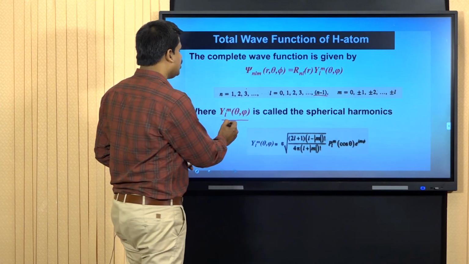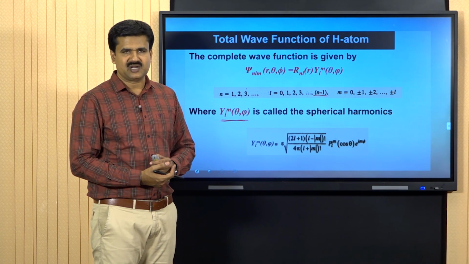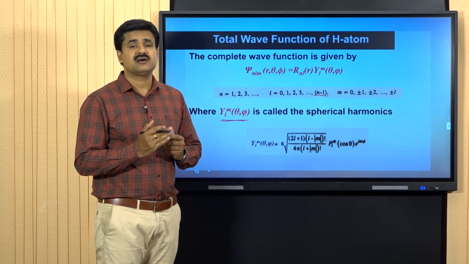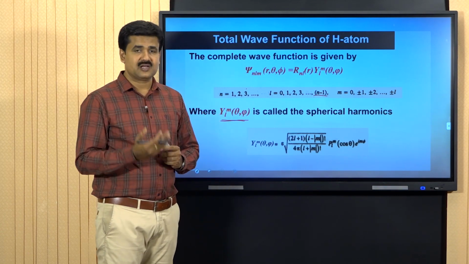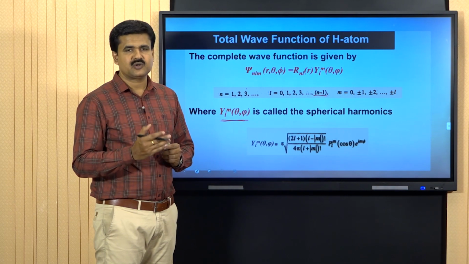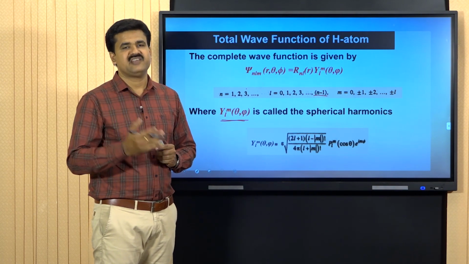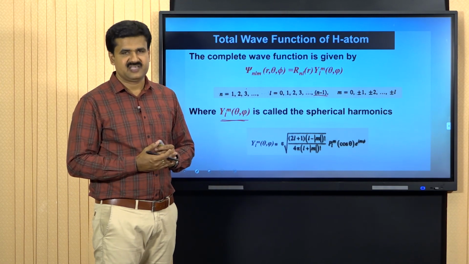It should be noted that Y l m (theta, phi) is known as the angular part of the wave function. It is known as the angular part because Y l m depends on two angular variables, namely theta and phi.